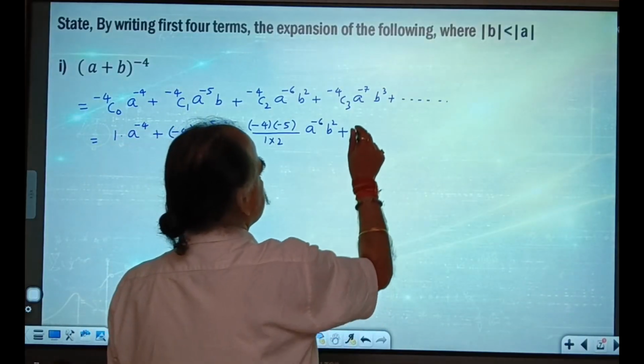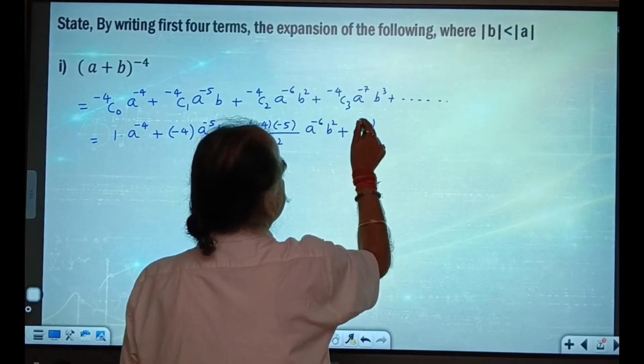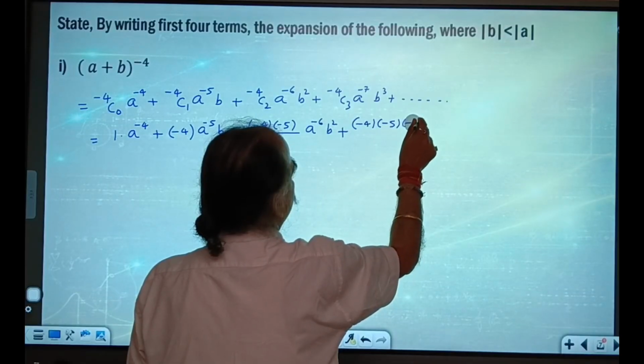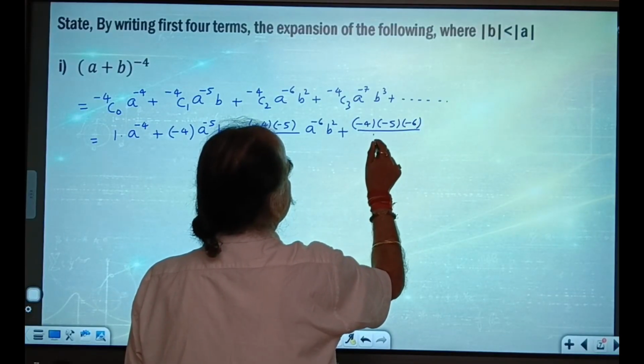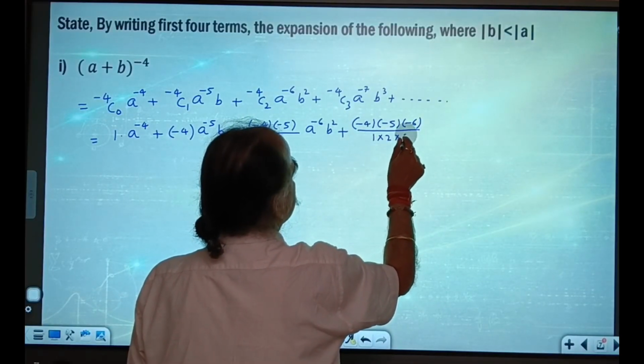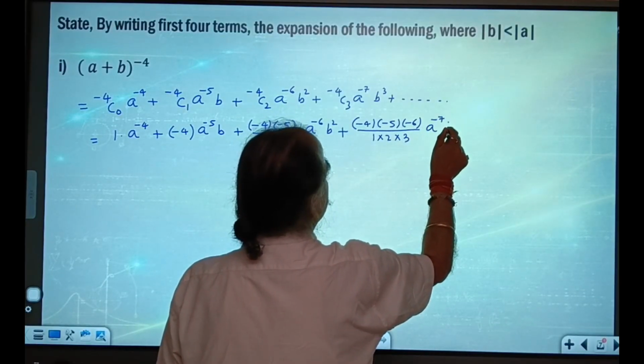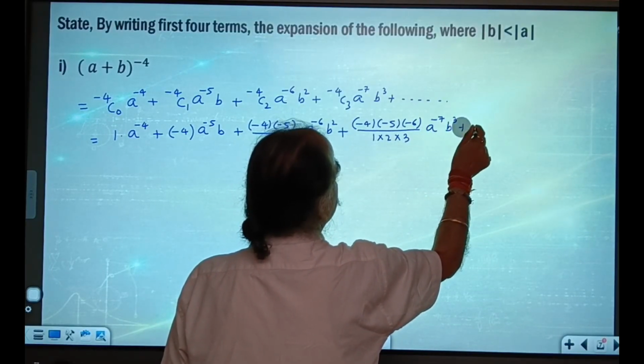Any number C3 is what? Minus 4, minus 5, minus 6 upon 1 into 2 into 3, a raised to minus 7, b cube.